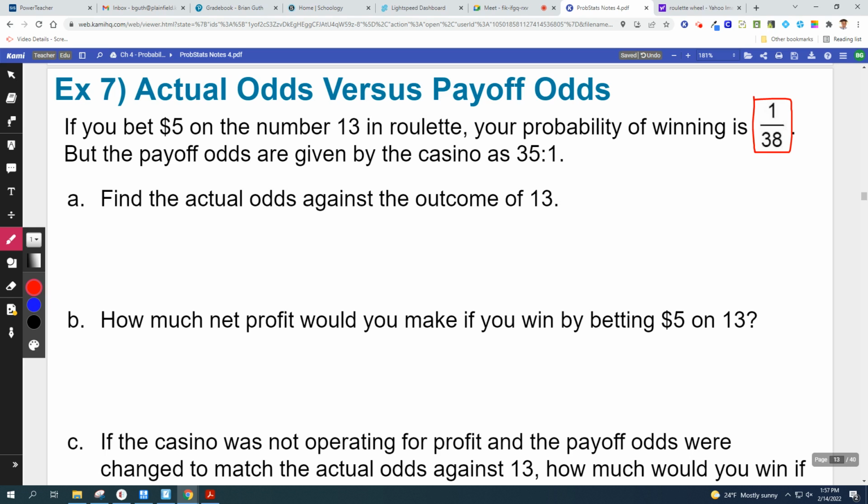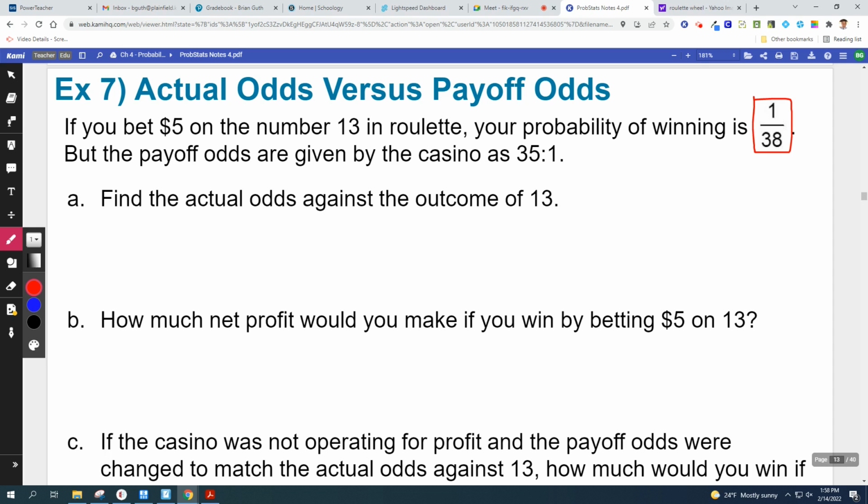And so then it says, but the payoff odds are given by the casino as 35 to 1. All right? We would expect the odds to be slightly different than that. Those are tilted in their favor, so they will win. Now, I think you can probably do this without a formula, in your head.